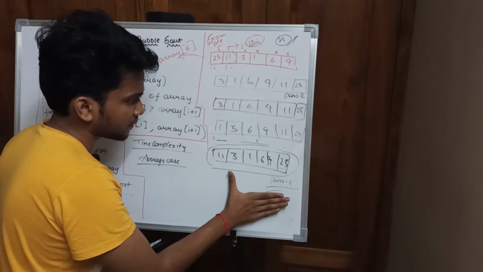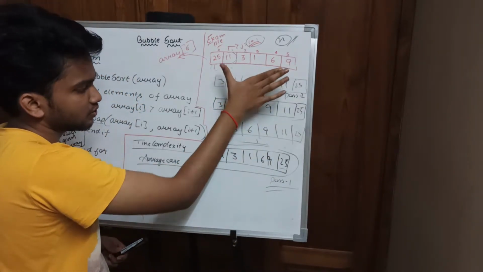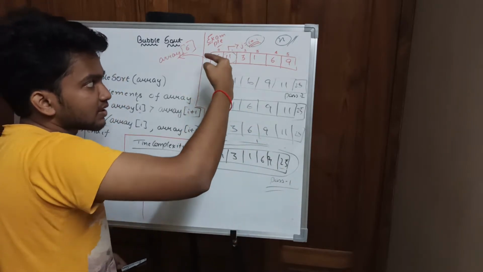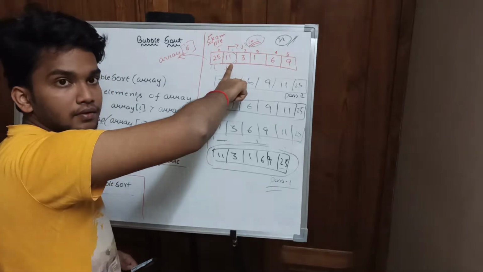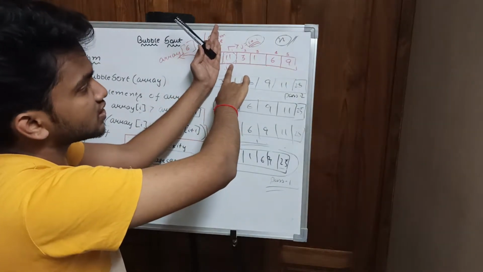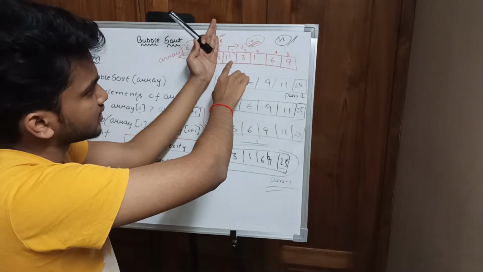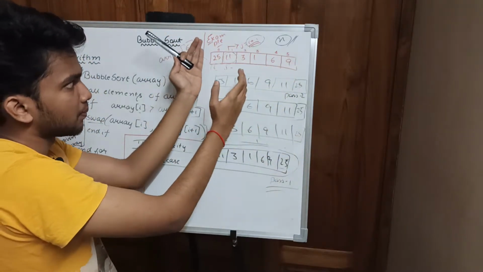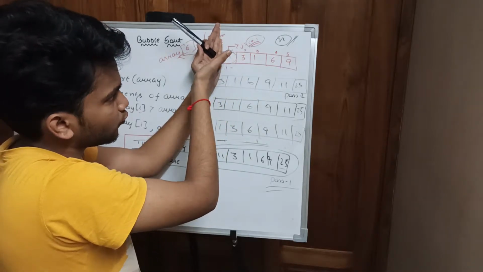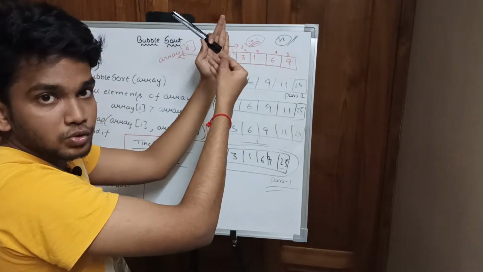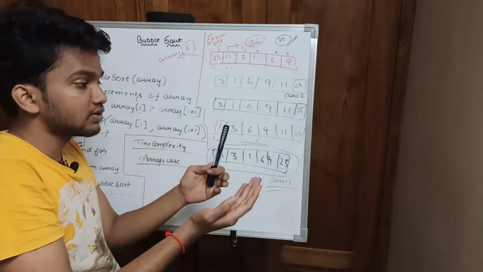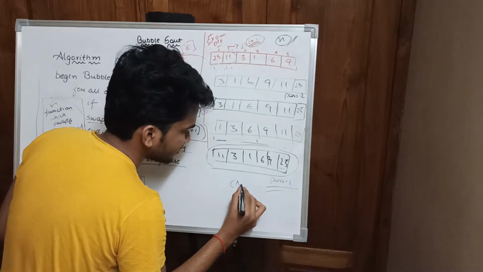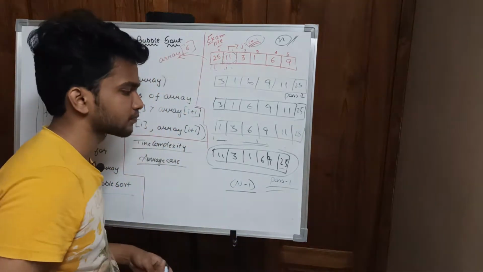By the end of the first pass, we got an array like this. See, 25 starts its comparison from 11, it is not checking with itself. The size is n, but it starts its comparison from 11, so one element is not getting checked, right? With itself it is not checking. So n minus 1 comparisons are made.